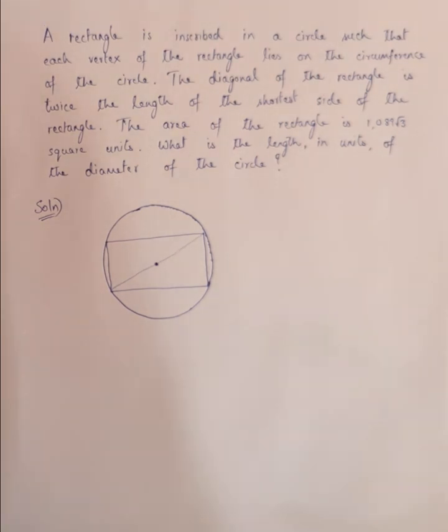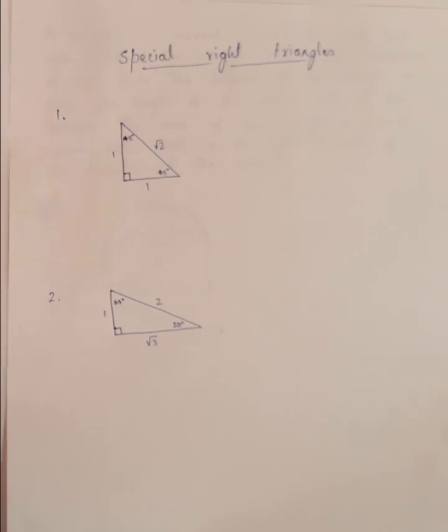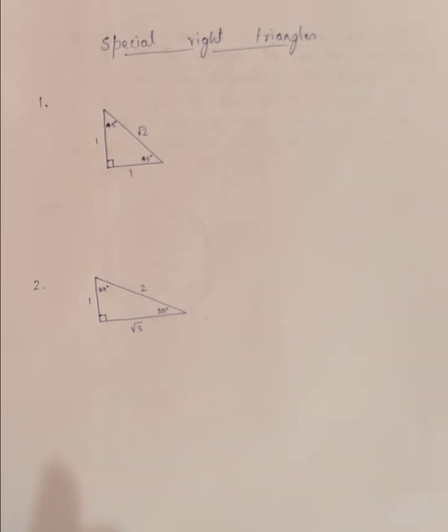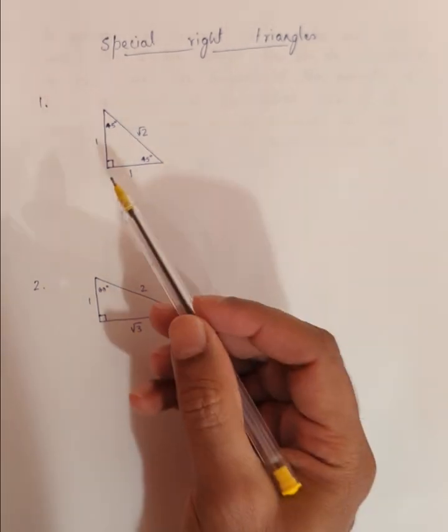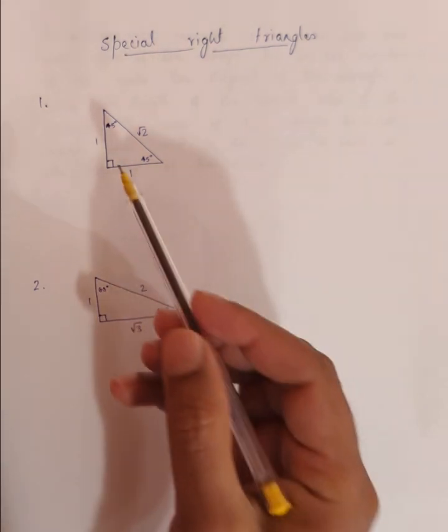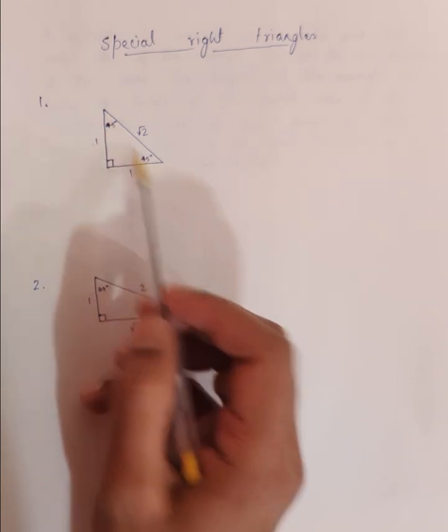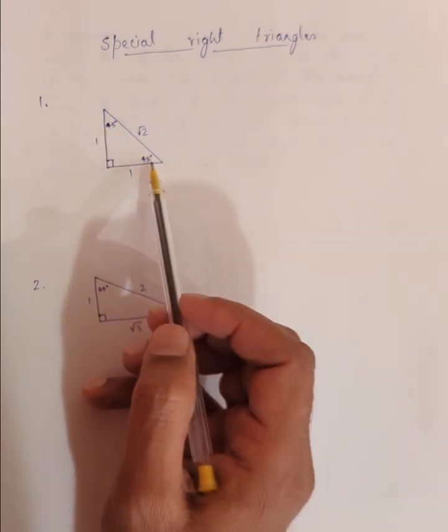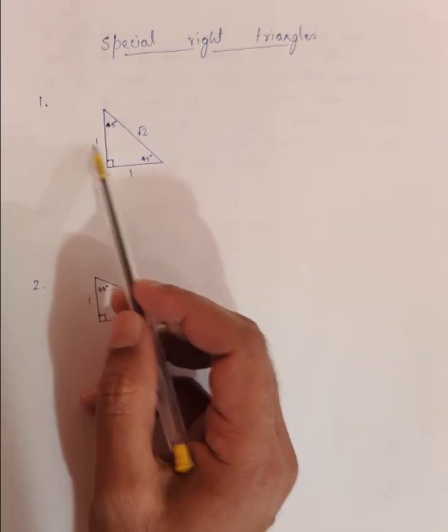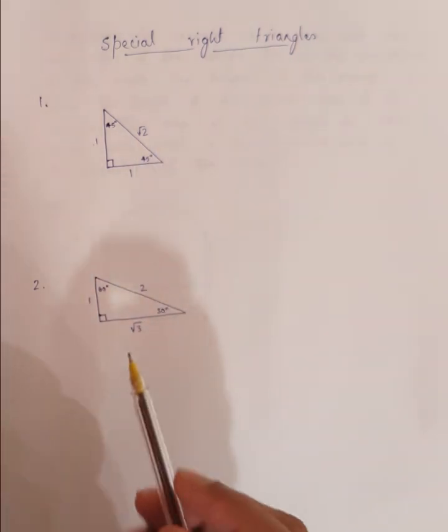Now before we begin this problem, we need to know special right triangles. If we know this, then the problem becomes really simple. So the first special right triangle is where you have the acute angles 45, 45, and then you have 1, 1, root 2.